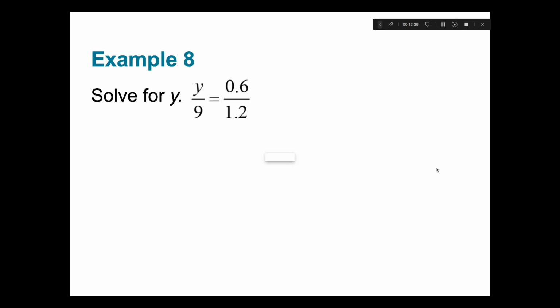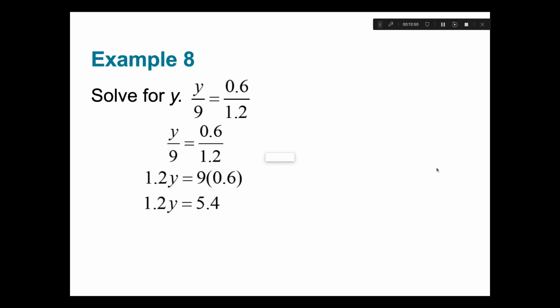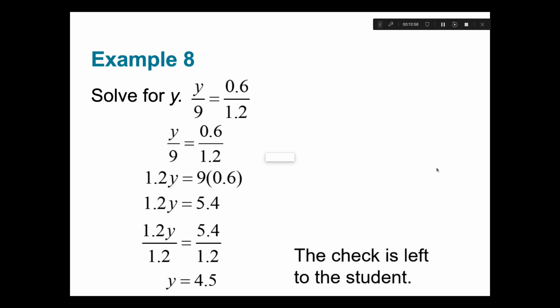Sweet. So, when you multiply, do you have to line up the decimals? Nope, just add and subtract. So 9 times 0.6 gives me 5.4. Gonna divide that by 1.2 and end up with 4.5.